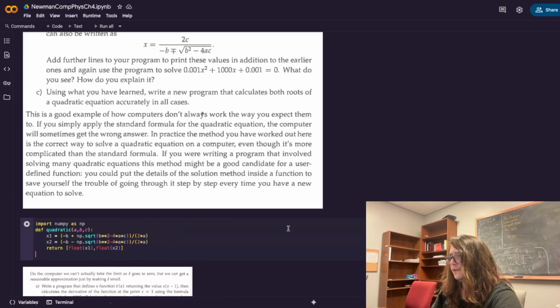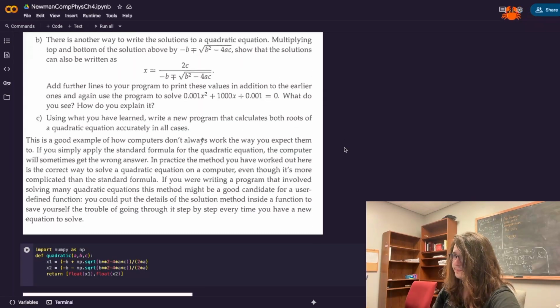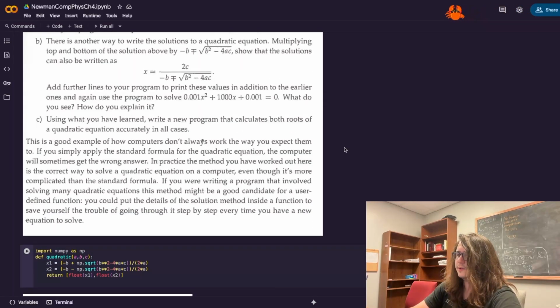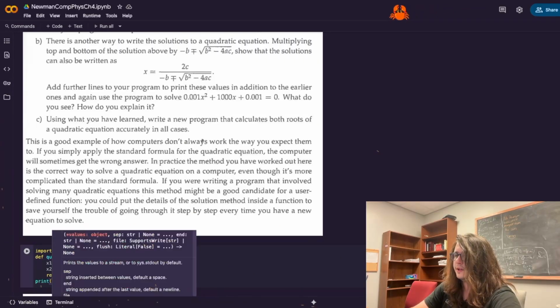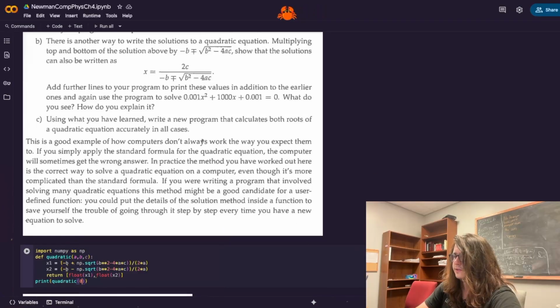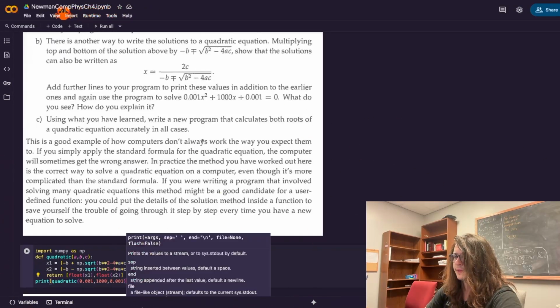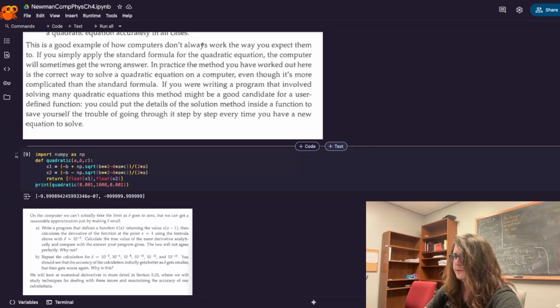And then the problem says to test it against the quadratic with 0.001, 1000, and 0.001, right? So we're going to print quadratic of 0.001, comma 1000, comma 0.001, and see what we get.